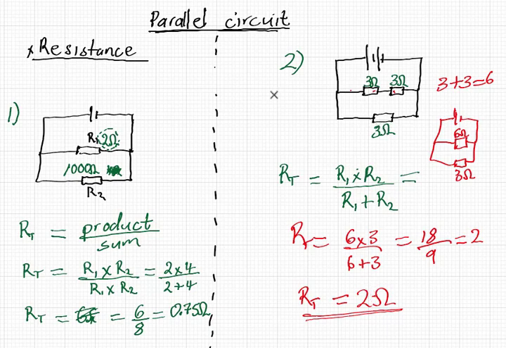What does it mean? It means we can replace all these resistances by a single resistor of value 2 ohms. So this circuit and this one, they are the same, except that maybe if we have a component here which requires less current, and the component which might be placed here might require more current.